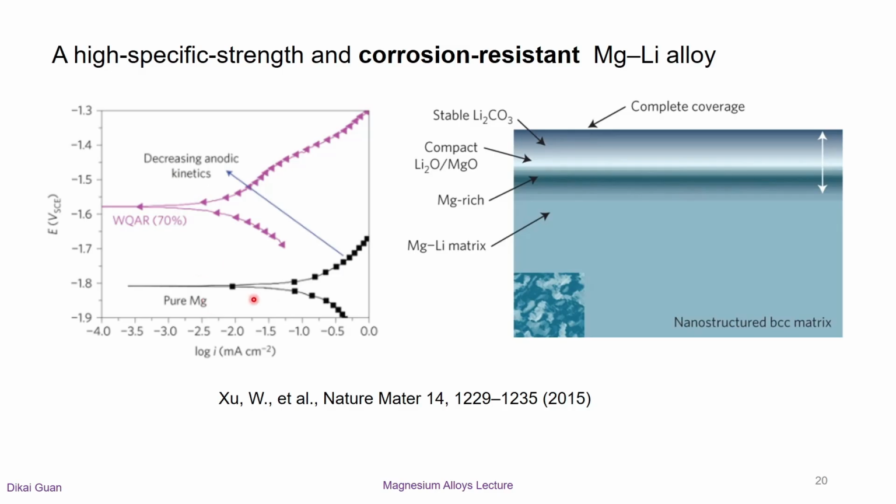Following appropriate thermomechanical processing, the high lithium content alloy described by Ferry and co-workers exhibits passivity and a remarkably low corrosion rate. Magnesium does not spontaneously form a protective oxide layer. Instead, the alloy forms a protective lithium carbonate surface film by reaction with atmospheric CO2.